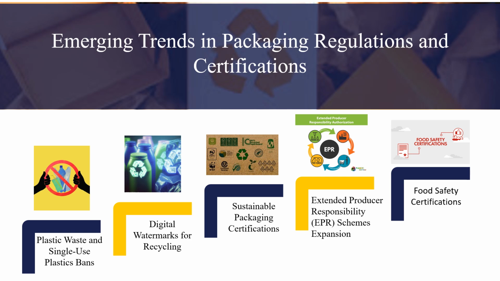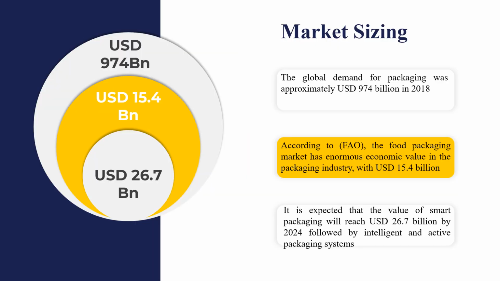And the fifth is food safety certifications, which are necessary for every industry, including the food industry. On the market size for food packaging, the global demand for packaging was approximately USD 974 billion in 2018. According to the FAO, the Food and Agriculture Organization, the food packaging market has enormous economic value in the packaging industry, at USD 15.4 billion.